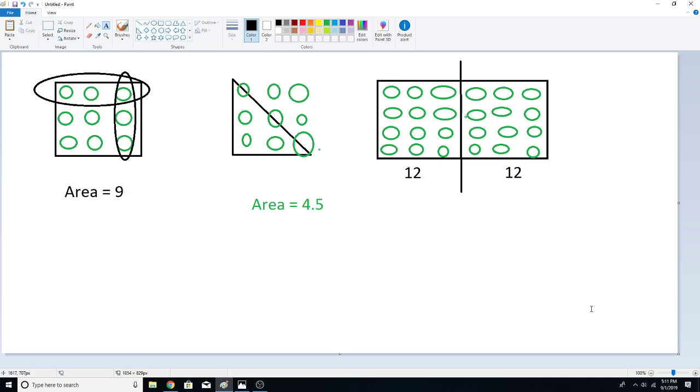So we know that half of that rectangle is 12 on each side.